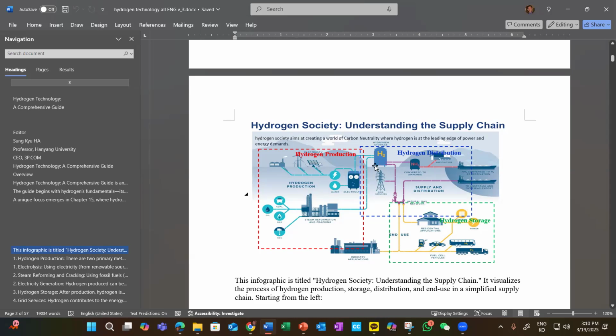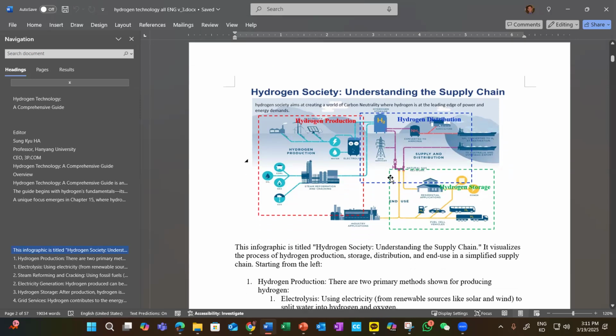Anyhow, once we have H2 hydrogen gas, we distribute it through a pipeline or convert it to ammonia. Ammonia, NH3, is such an important material. Once we convert it into ammonia, it is very easy to distribute, especially for long-distance traveling.